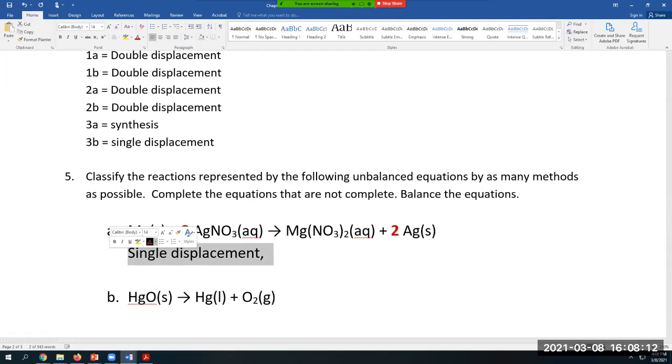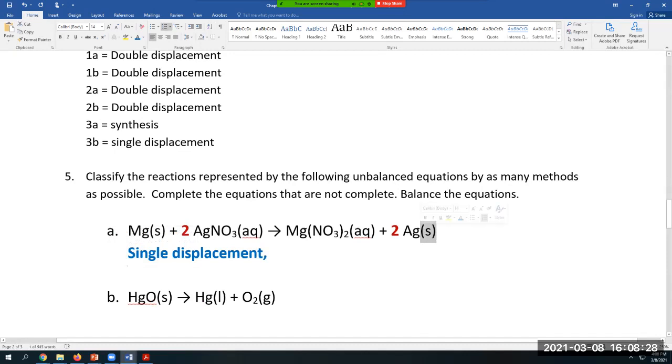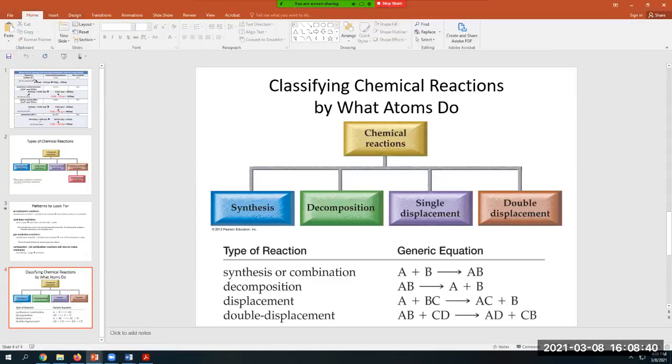And then we want to classify it as either an oxidation reduction reaction, acid-base, precipitation, or gas evolution. Even though here you are making a solid on the product side, you're not making a solid from 2 aqueous solutions, because that's how we recognize a precipitation reaction.